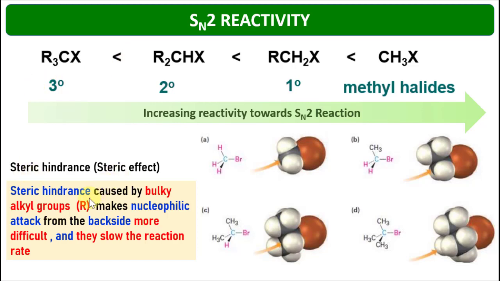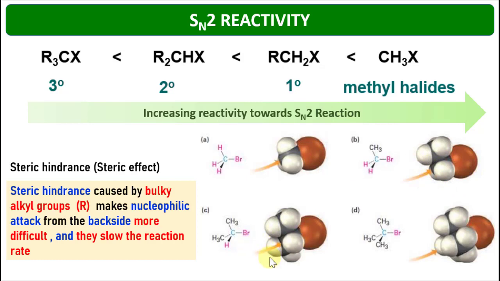A steric effect is one in which the rate of a chemical reaction depends on the size or spatial arrangement of the groups attached to or near the reaction site of the molecule. In this diagram, we can see the methyl halide and the primary alkyl halide are the most unhindered, and it is easier for the nucleophile to attack the backside of the electron deficient carbon.